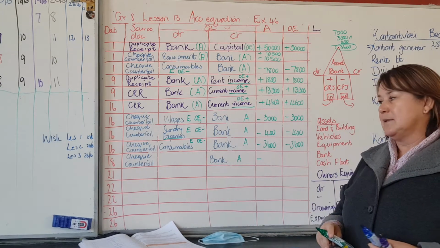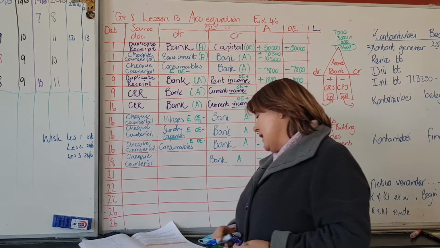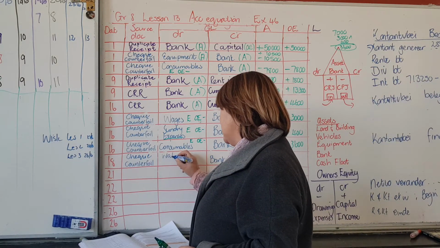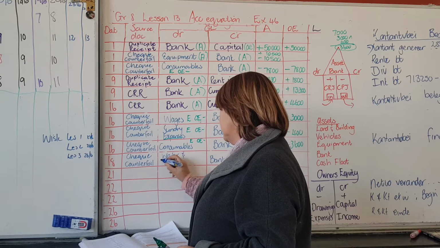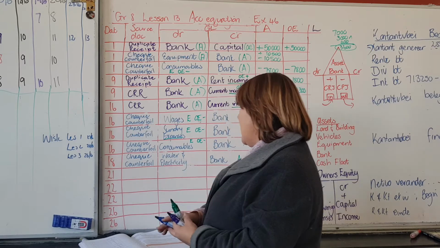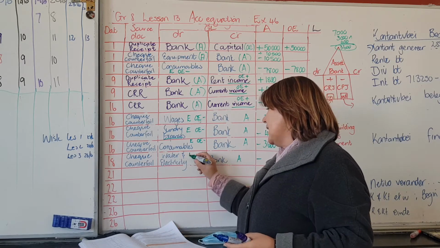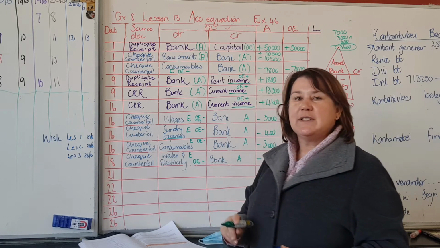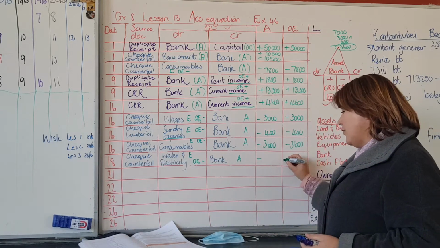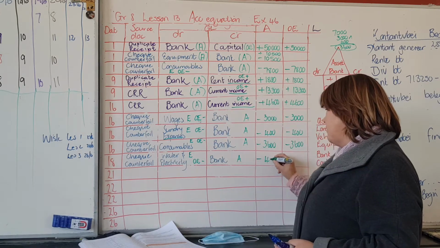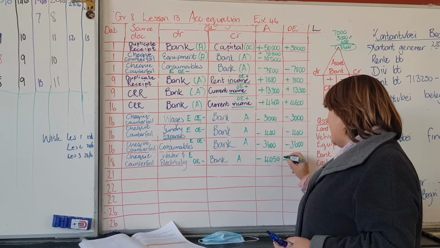You'll see the amount now. What did you pay? You paid water and electricity. And water and electricity is an expense, and that means that your owner's equity is going to decrease, and the amount for the water and electricity that you've paid was 4,050.